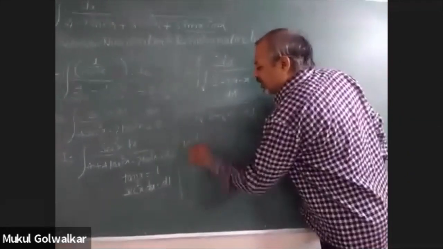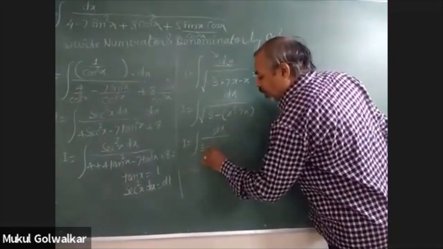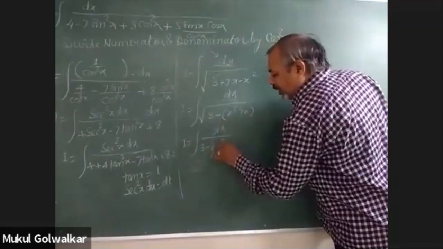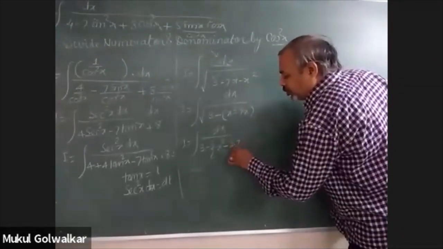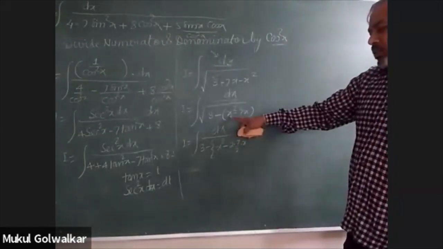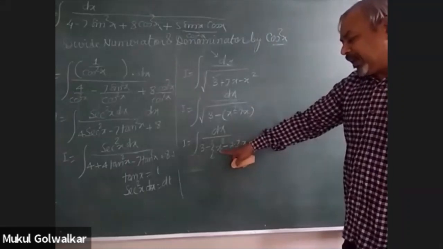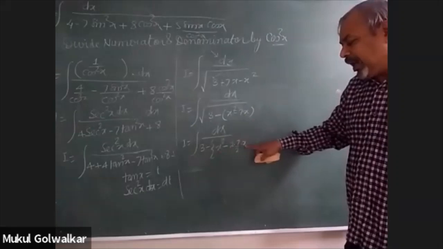So I is equal to dx upon 3 minus of, I write x square minus multiplication of 2 and division of 2. So this is x square, which can be compared with a square, and the second term 7x can be compared with 2ab.